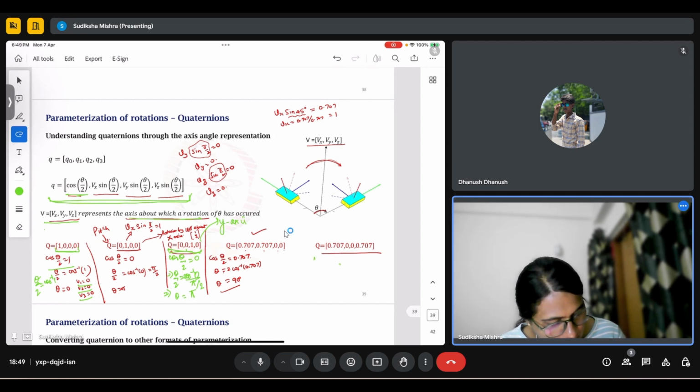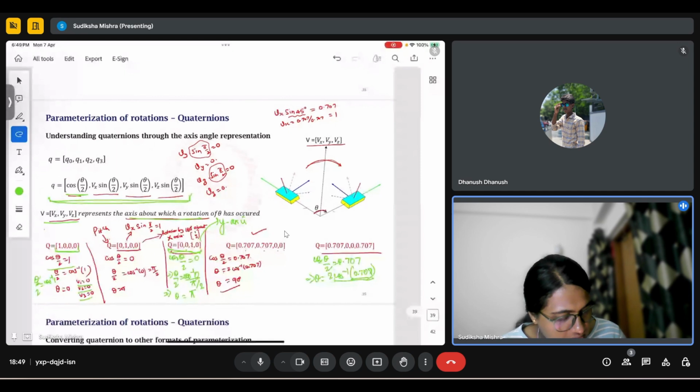Coming to this one, cos theta by 2 is 0.707. Theta is equal to 2 times cos inverse of 0.707, and so this is 45 degrees. So theta is 90 degrees or pi by 2.